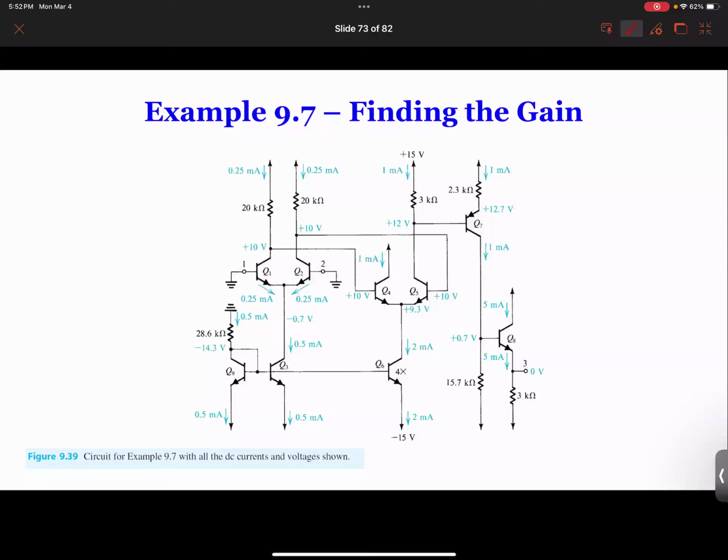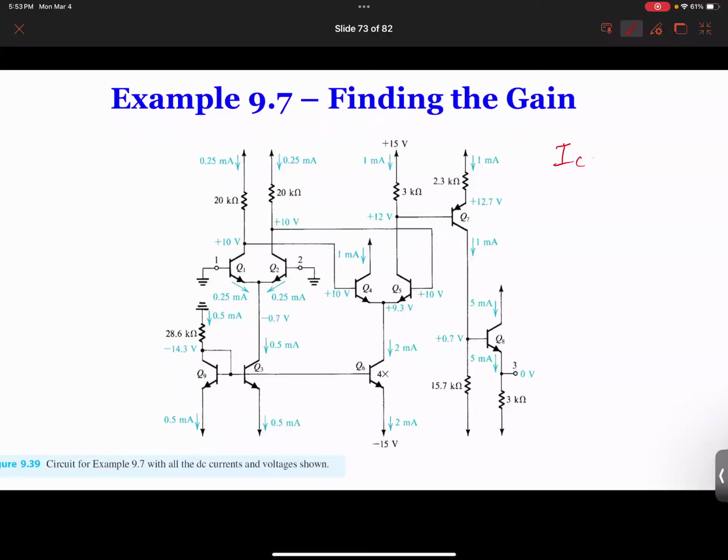Don't forget about this. See, this is also Q4, Q5, and Q7. These two are in series. So how many transistors? You have 1, 2, 4, 5, and 7. So how many milliamps? So 1 plus 1 plus 5. Well, also Q8, sorry, not this is series, but this is Q8. So Q8, Q7 is 1, 5 plus 1, plus 1, plus 1, 8, and then plus 0.25.